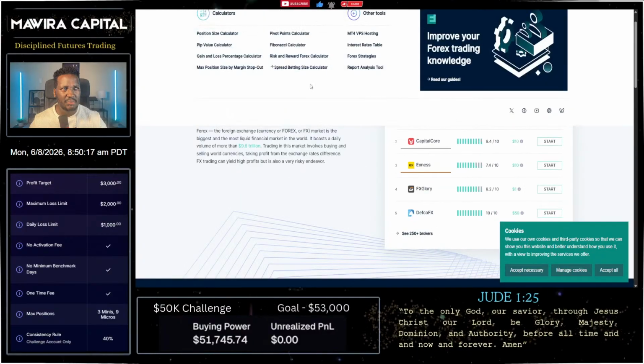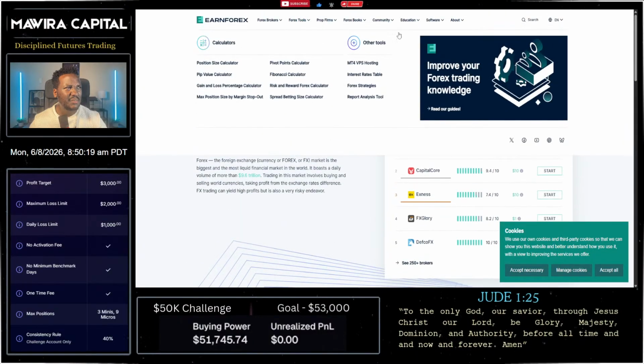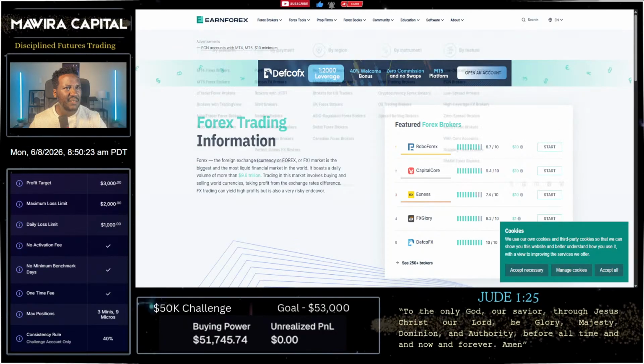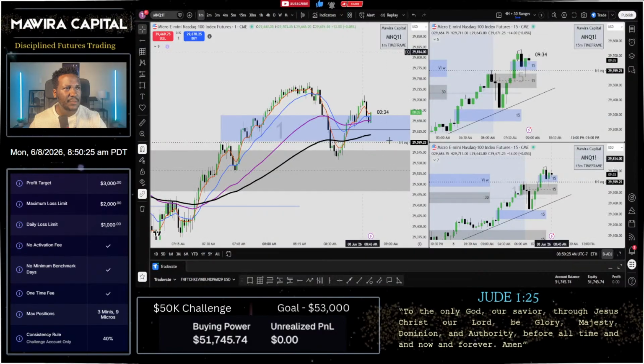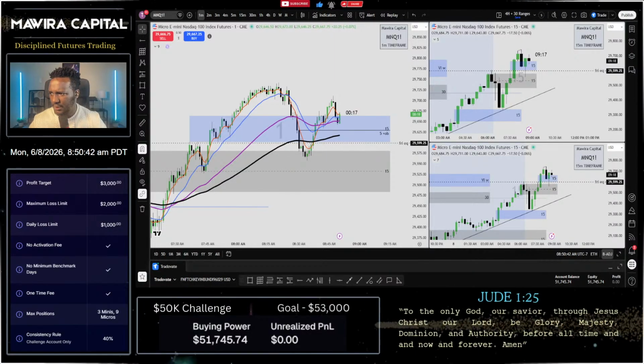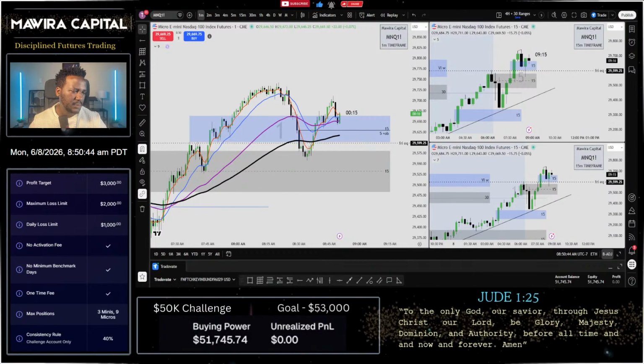Maybe they do advertise, maybe that's how they make money. But MT5, MT4 indicators are fire. MT5, okay. There's a tool called, let me see, what is it called?